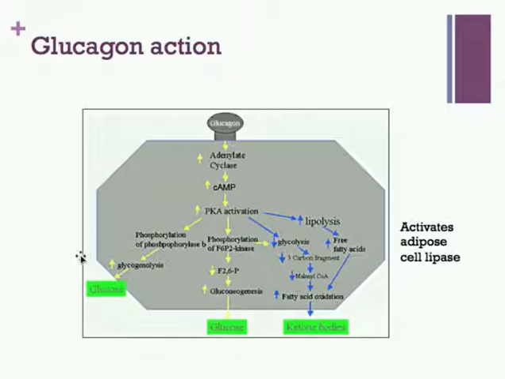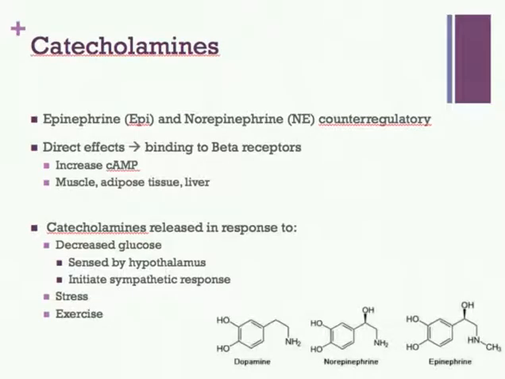So at the end of the day, there's going to be increased glycogenolysis, so breaking down those stored glycogen to liberate glucose, activating the adipose cell lipase to start breaking down the fats, oxidizing free fatty acids, and we'll see increased gluconeogenesis so that we have a nice store. And this is going to liberate our fuel sources so that they're readily available.